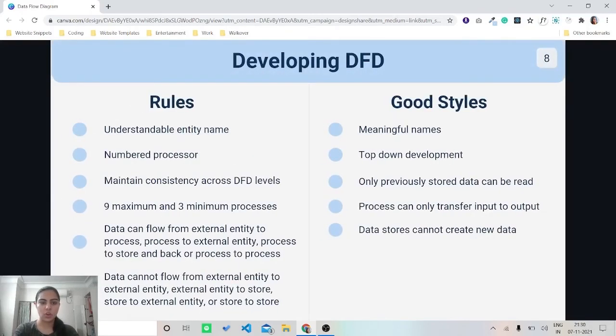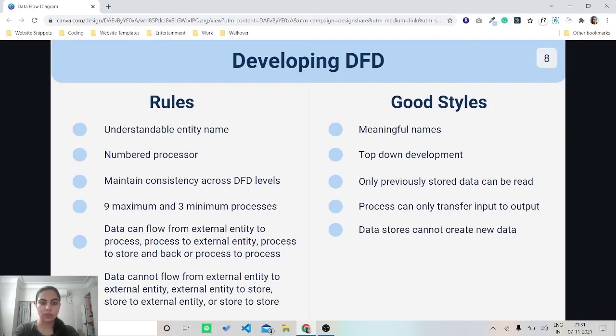Developing DFD. Rules for creating DFD. The name of the entity should be easily understandable without any extra assistance like comments. The processes should be numbered or put in an ordered list to be referred to easily. The DFD should maintain consistency among all its levels. A single DFD can have a maximum of 9 and a minimum of 3 processes.